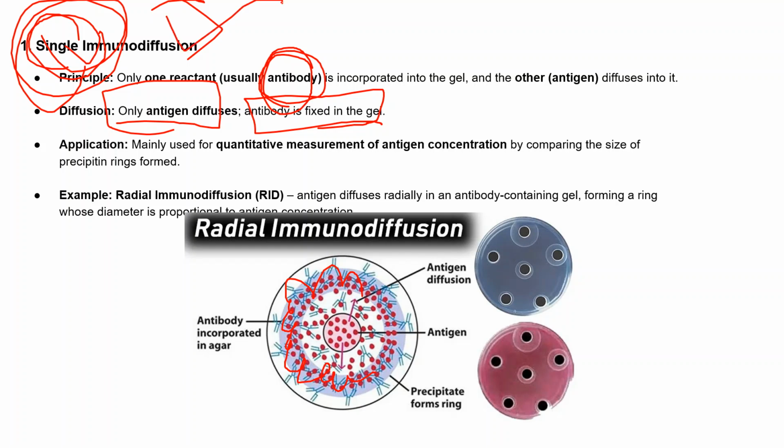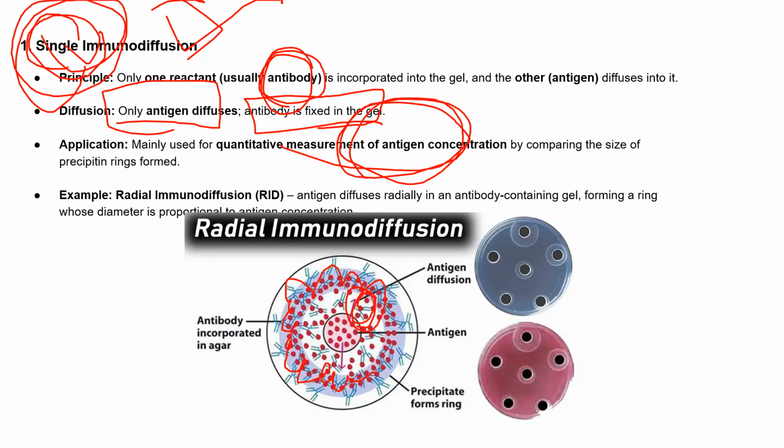Mostly it is used to measure the quantity of the antigen, that is, how much antigen is there. And how do we determine that?